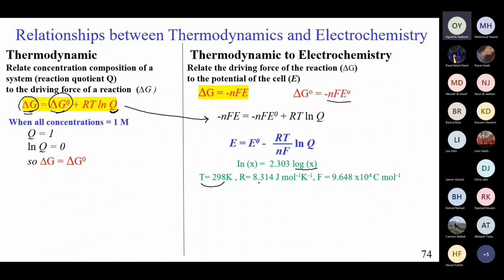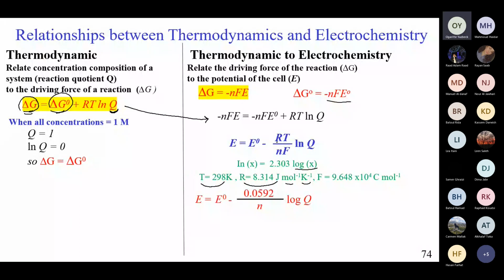If we're at 25 degrees Celsius, the R constant is a relationship between joules, the energy per mole per Kelvin, how much energy comes out per mole per Kelvin. Faraday's constant is the charge per 1 mole of electrons.